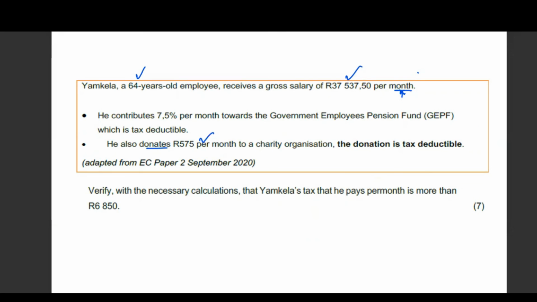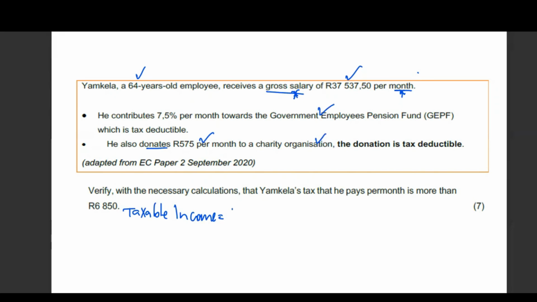First and foremost, we need to determine taxable income. Why am I looking for taxable income? They talked of gross salary, they didn't talk of taxable income. Number 2, they talked of pension and donation. So I need to determine the taxable income.